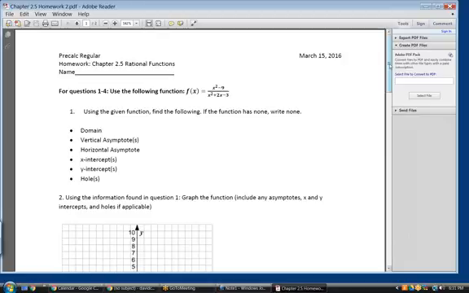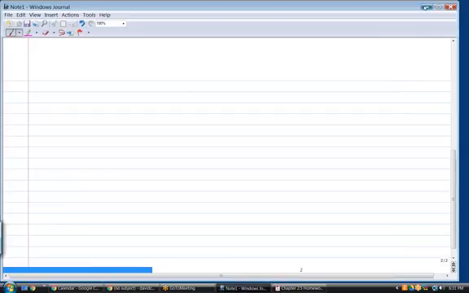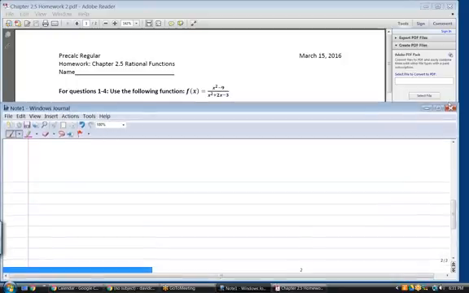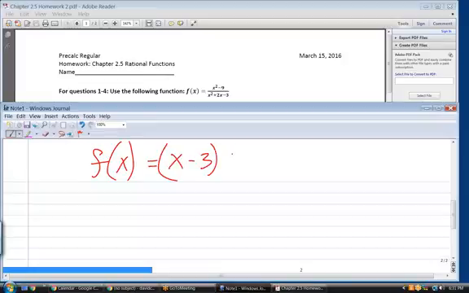All right, let's see. Use the following function. Shall we start with 1? Yes. Okay. First of all, in these functions, always factor if you think there's a possibility that one of the factors might cancel with the denominator.